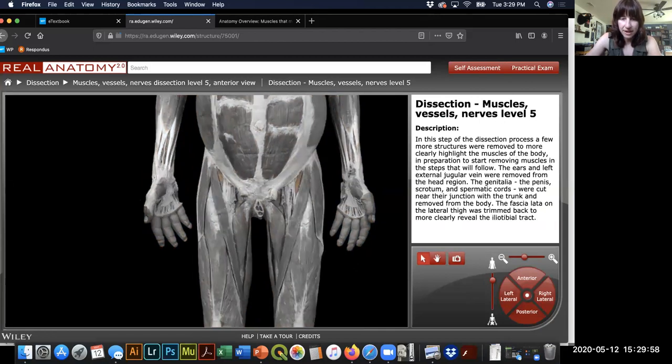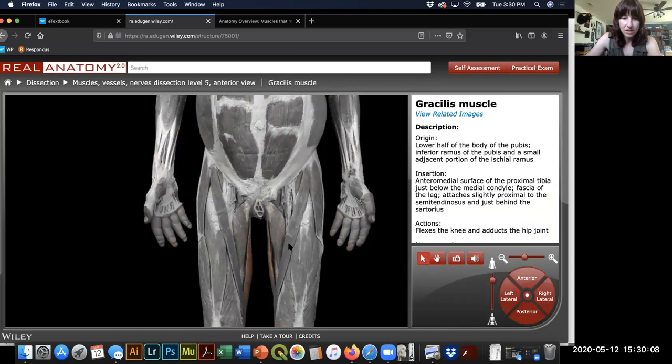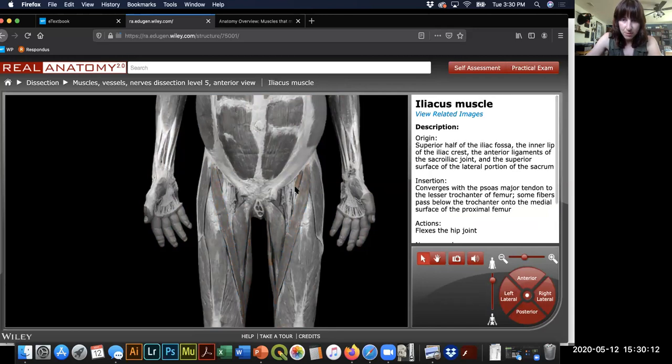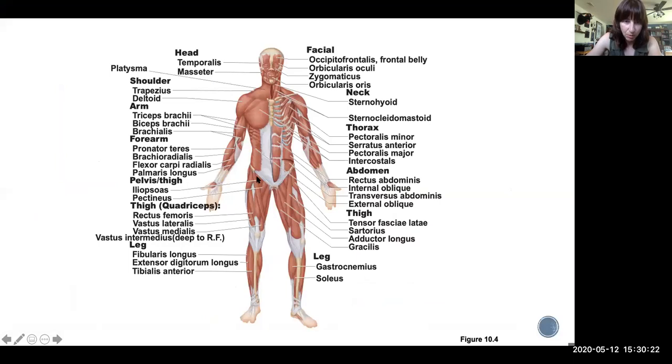Okay, so while we're dissecting, we've got the Sartorius muscle here, the Gracilis muscle here, the Adductor Longus muscle here, between the Gracilis and the Sartorius. And then deep in here, the Iliacus, which we can only see this much of on this guy, versus in this illustration, we can see a little bit more of it here.